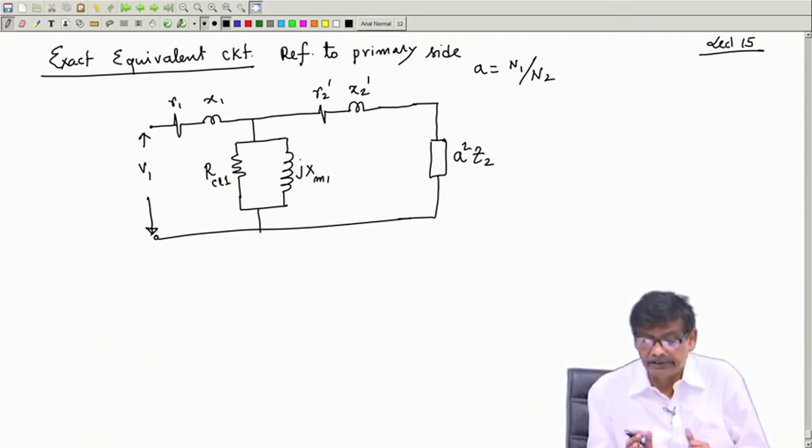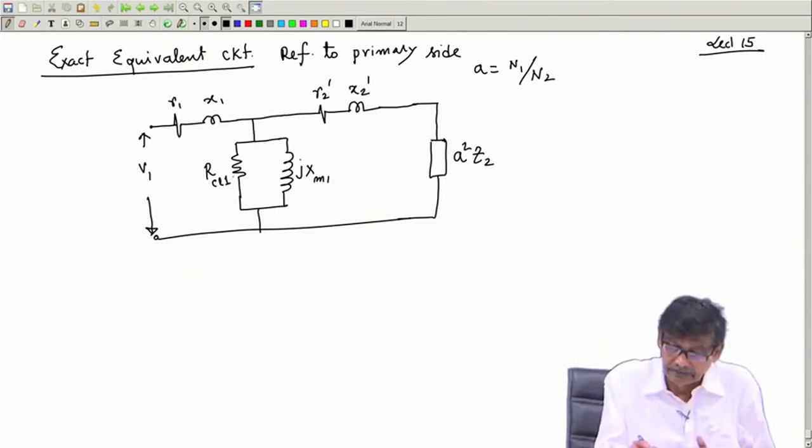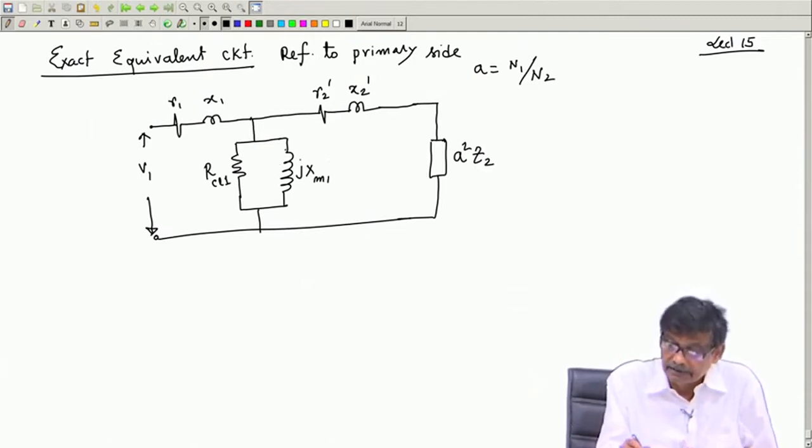We would like to see they must be very high. This resistance, V square by RCL, is the power loss in the core. I would like to reduce it. Similarly, this reactance I would like to make as high as possible, so that the magnetizing current is less.